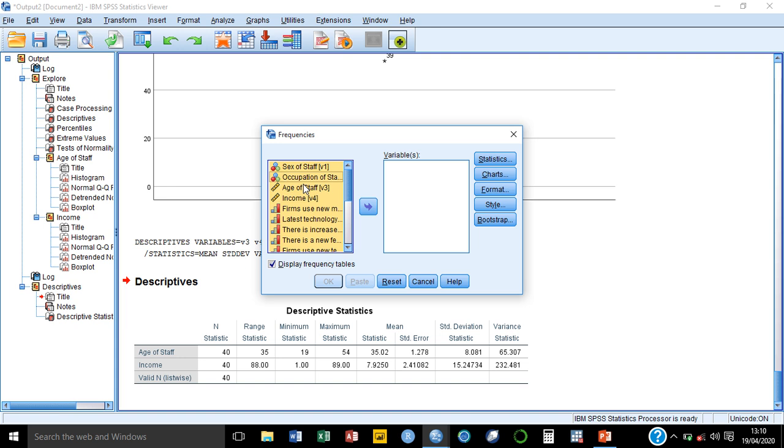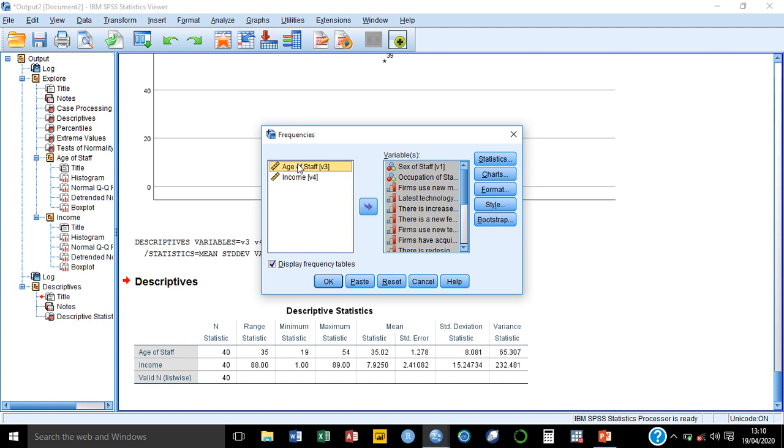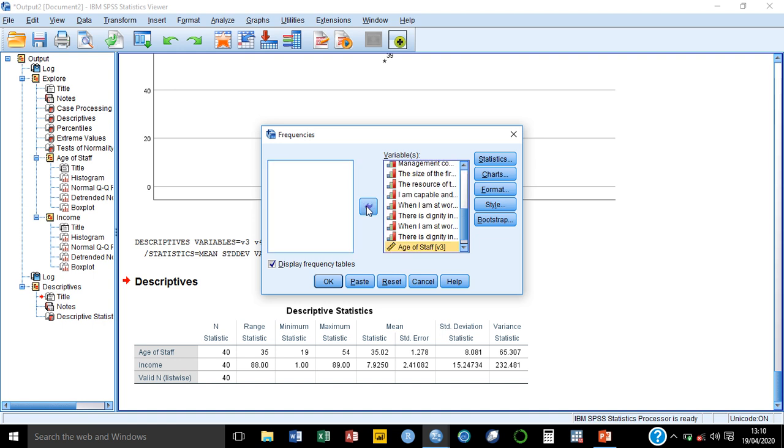You should do the scale separately and do the other one separately. So I'll remove the scale for now and add this here. Then I'm going to put the scale at the bottom, then add it here. So it's going to give me these two scales last.